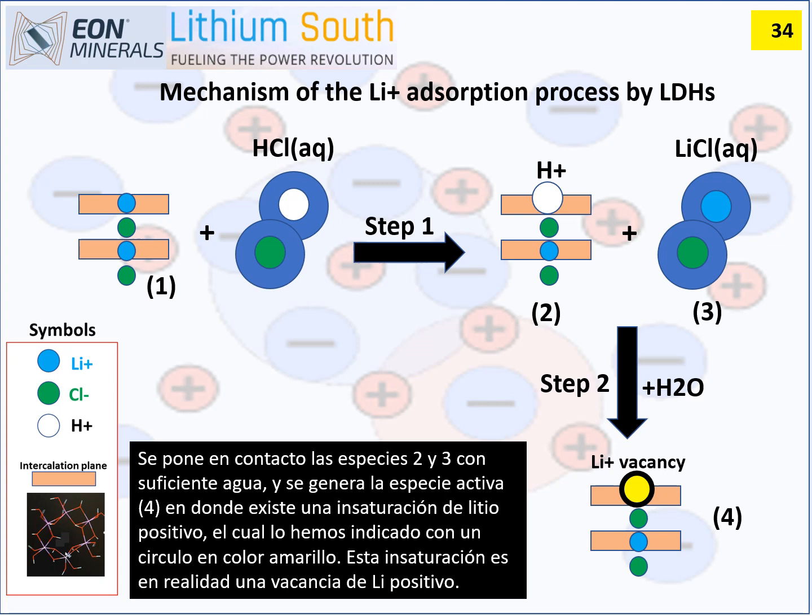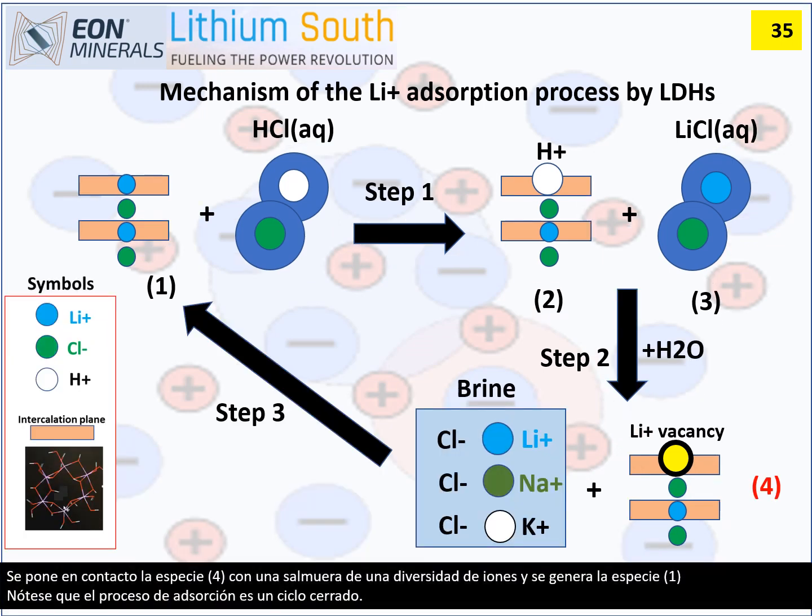This unsaturation is actually a vacancy of positive lithium. The species 4 is put in contact with a brine of a diversity of ions, and the species 1 is generated, and we have closed the circle on the adsorption process.